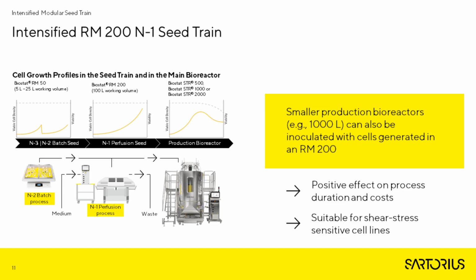So even smaller production bioreactors, for example, at 1,000-liter scale, can already be directly inoculated with the cells that were grown in the Biostat RM200 bioreactor. An important point to make here is that RM bioreactors are specifically tailored for shear stress sensitive cell lines.